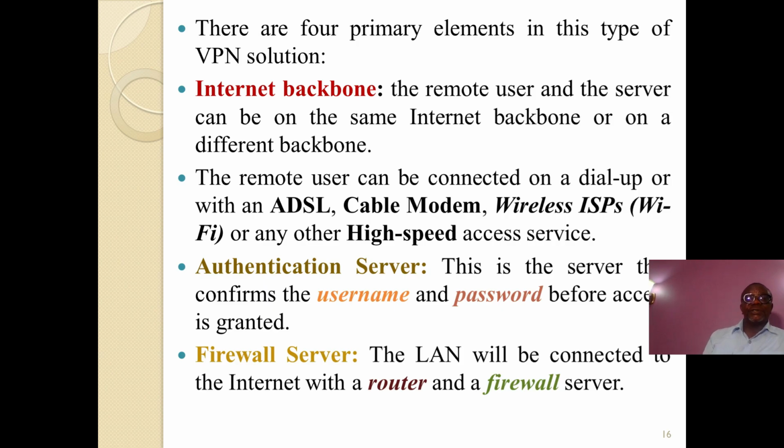Then the authentication server is the server that confirms the username and the password before access is granted. And the firewall: the LAN will be connected to the internet with a router and a firewall server.